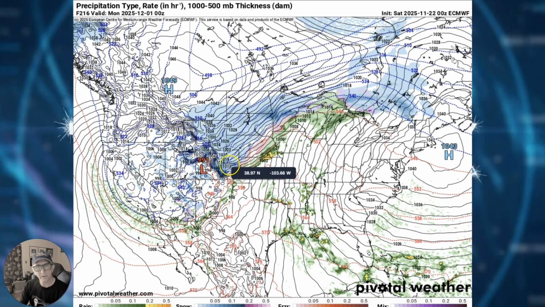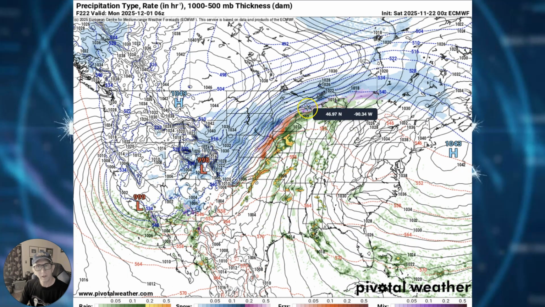Look at the height lines here, how closely packed they are. Crazy southerly flow coming in here, right? Along the boundary here, man, this is crazy. How this is setting up.